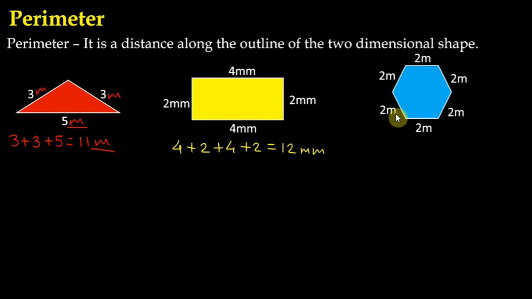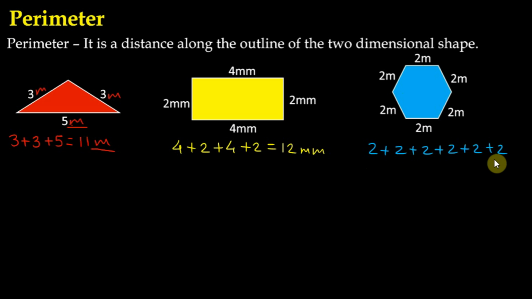Okay, now we have a hexagon and as you can see the lengths of all the sides of this hexagon are same, which is 2 meters. So let's add the lengths of all the sides of this hexagon to get its perimeter. Therefore we will add 2 6 times.